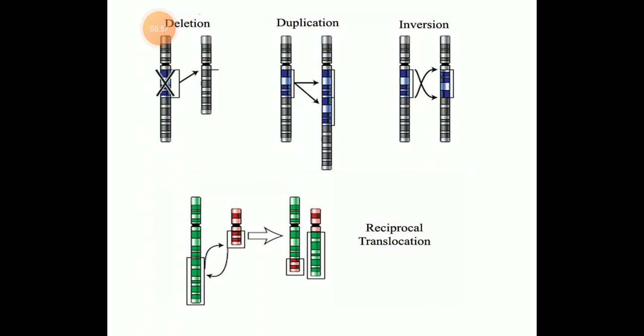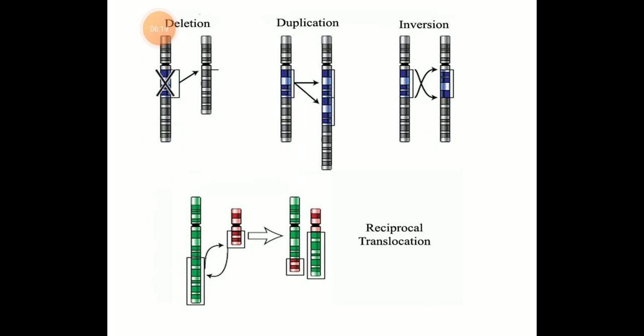Third is the inversion. Inversion means reversal of direction of part of a chromosome. And in translocation, part of one chromosome is attached to another chromosome.